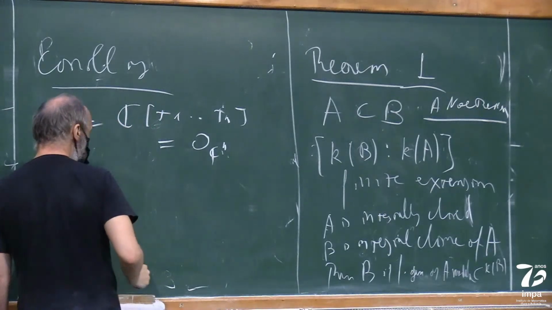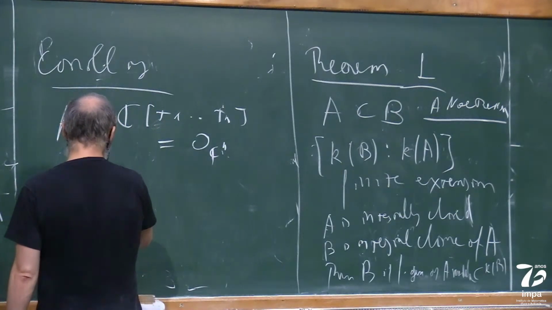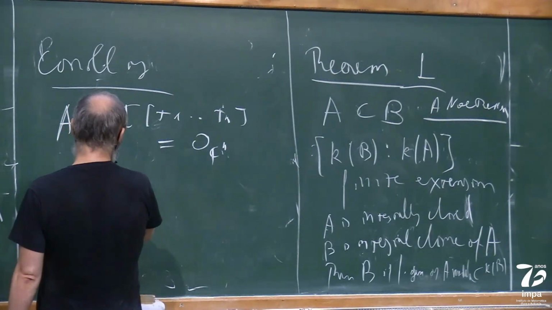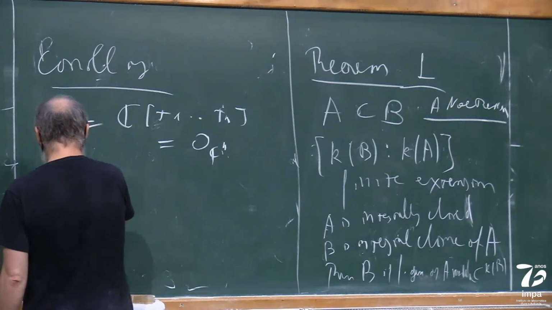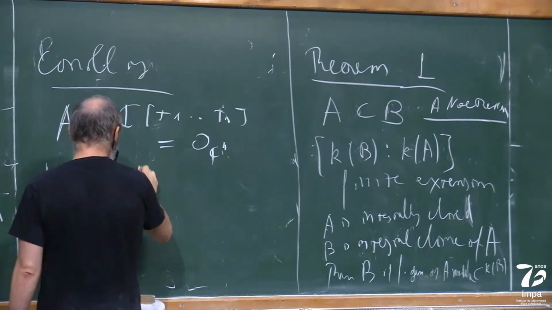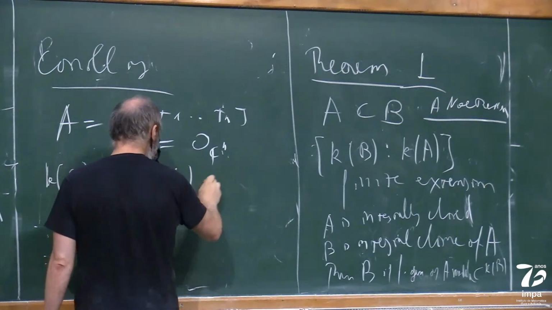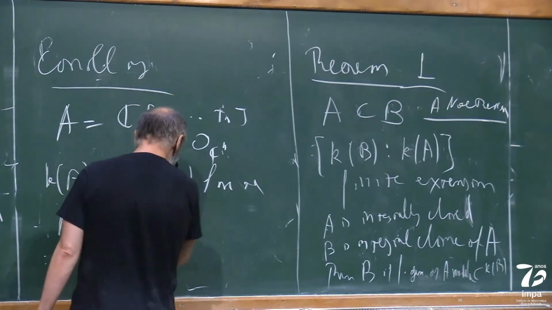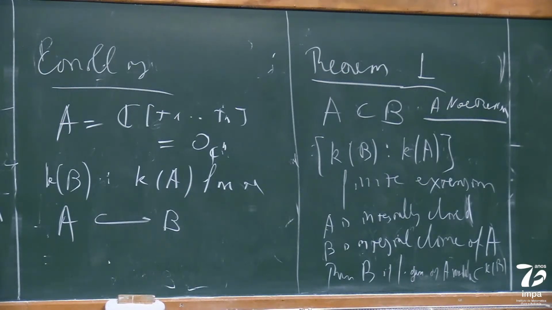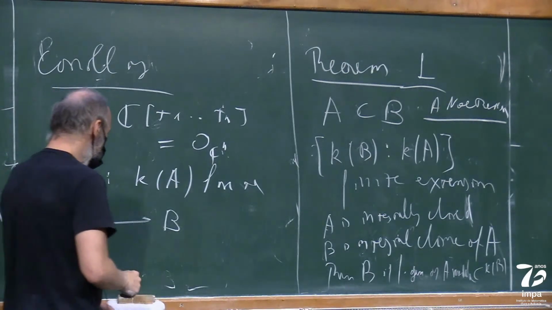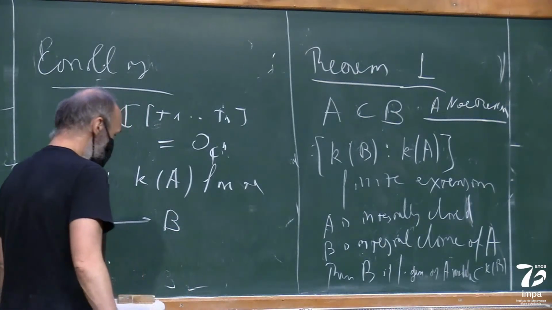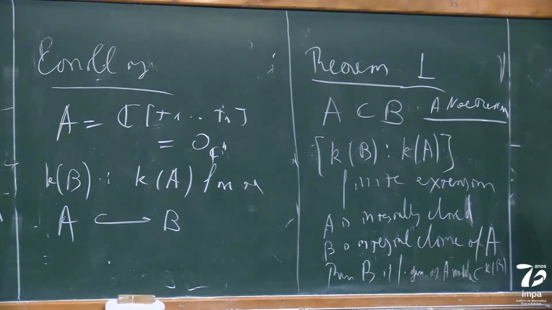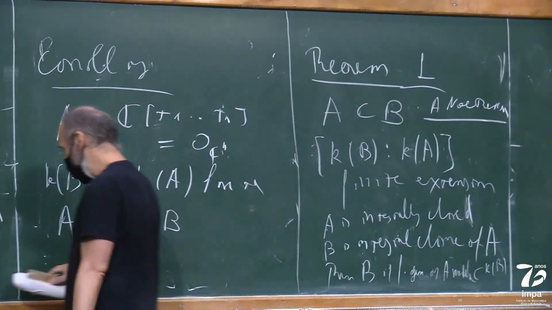And B is a finite extension, so K of B over K of A is finite, and A sits inside B. So this would imply that the corresponding map is finite, at least on the level of fraction fields, it's a finite extension.